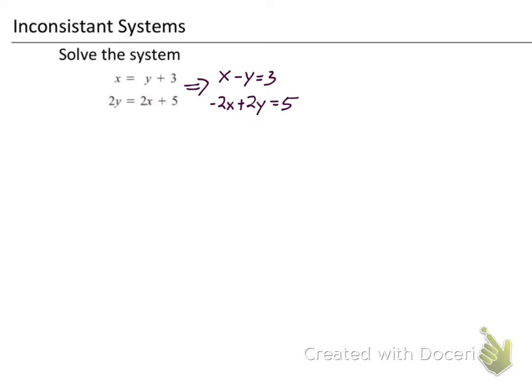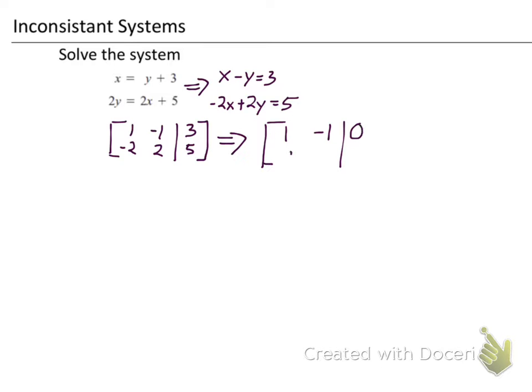And so your augmented matrix should have been 1, negative 1, 3, negative 2, 2, 5. You plug that in your calculator, and correct me if I'm wrong, because once again I did this by hand. I have 1, negative 1, 0, 0, 0, 1.